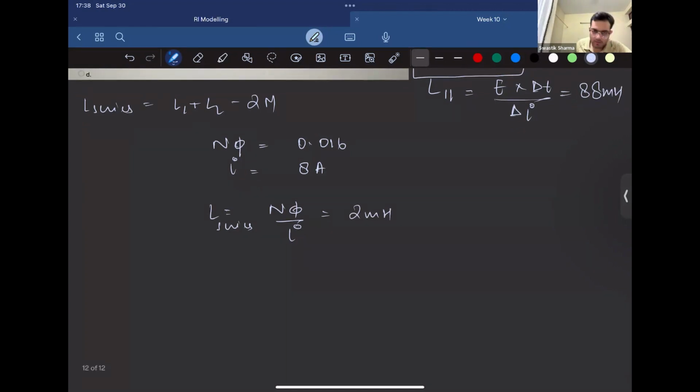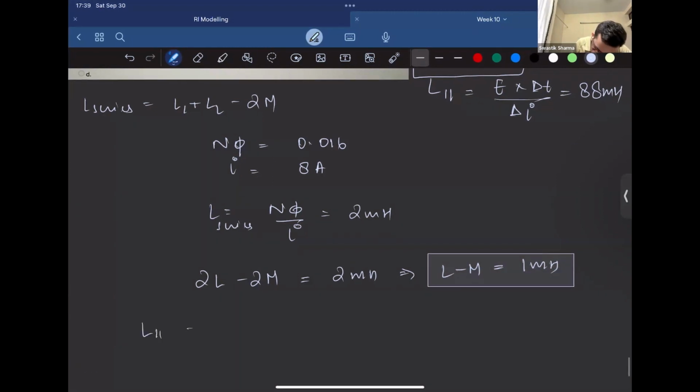Now, from the concept, L series is 2L minus 2M, right? Because it's differentially connected in series, and both of the self-inductances are the same. So that means L minus M is nothing but 1 millihenry.